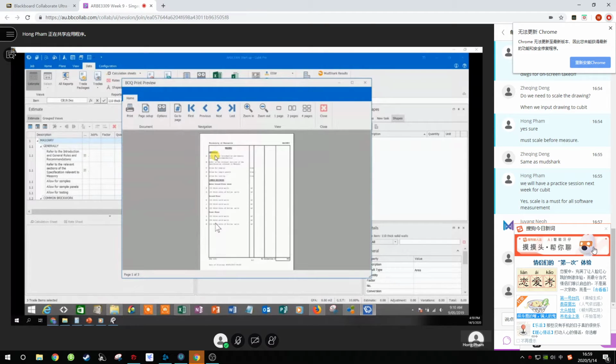The most challenging thing for you guys is how to do the descriptions and how many headings, what the heading names are. And the good thing is you have the BOQ in the lecture notes of today's lesson. Today's lesson is very important for masonry, so you can refer to that and make a reference.